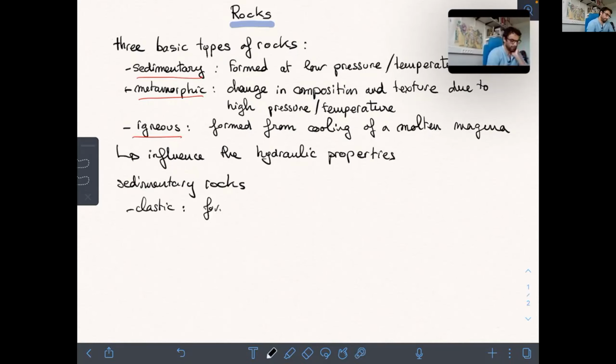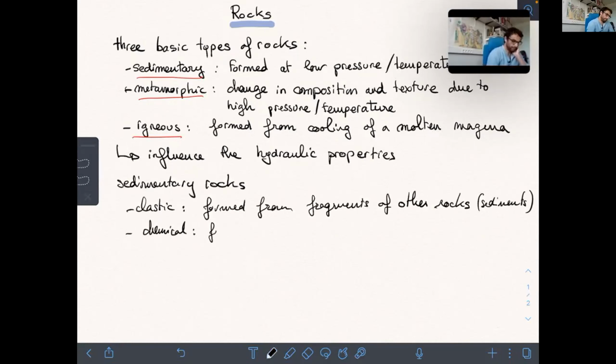They are formed from fragments of other rocks. So sediments, like sandstone, for instance. They can be of chemical origin.